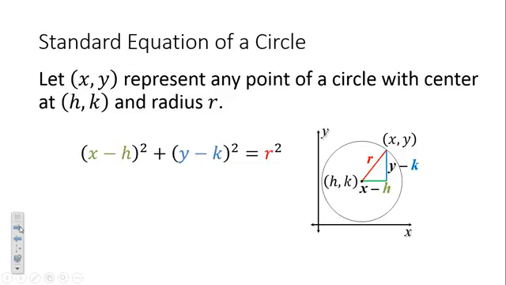If my center was at 1, negative 5, I'll have a negative 1, positive 5 in the equation. Because if I'm trying to get the x all by itself, when the h goes to the opposite side, it changes signs. So think of your h as your horizontal movement and your k as your vertical movement.